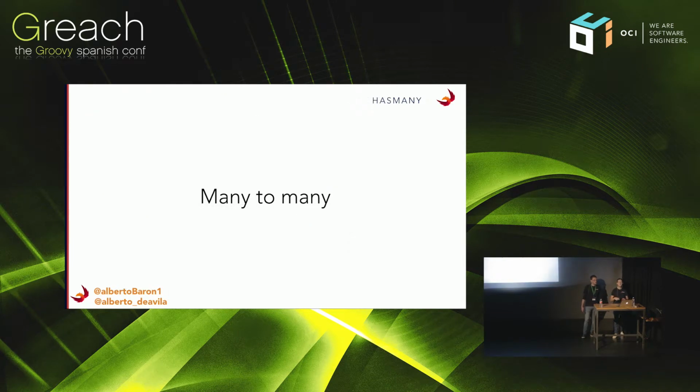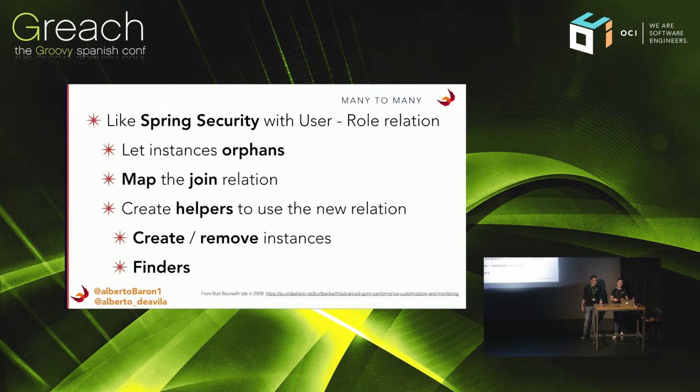And what about the many-to-many? In the many-to-many, we can do like a Spring Security user role relation. You have to let the instance orphans map the join relation, and you have to create some helper methods to use the new relation, like create or remove instance or finders.